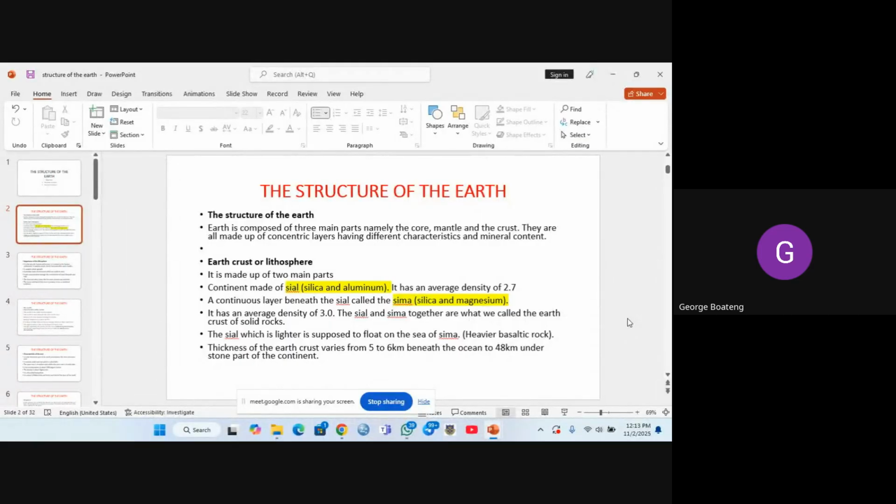The sima is always heavier than the sial. Because it is heavier, it tends to sink. So it is always at the base on which the sial floats or suspends.